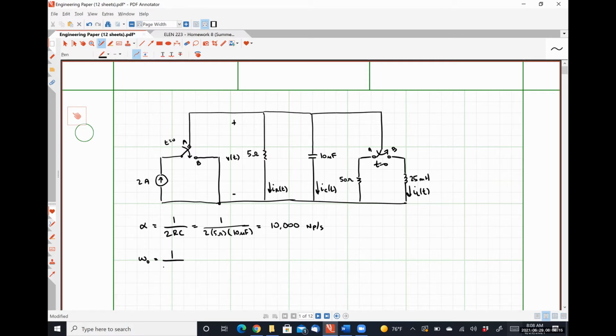And omega naught is 1 over the square root of LC. So that is going to be our 25 millihenry inductance times our 10 microfarad capacitance, to the negative 1/2 power.